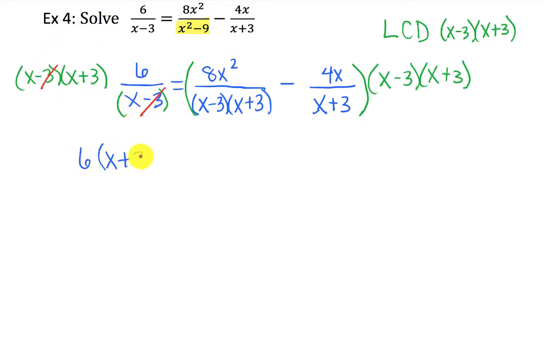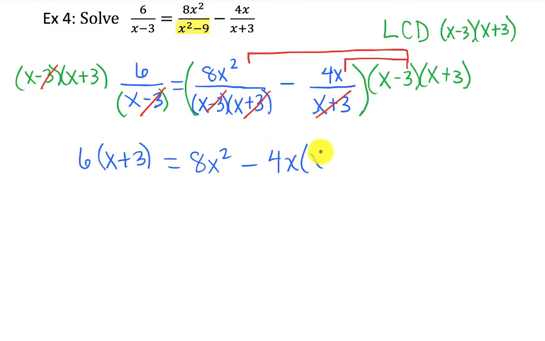On the right side of the equation, if we multiply first by 8x squared over x minus 3 times x plus 3, both of those quantities will cancel out, and you're just going to be left with 8x squared. And on the right side here, if I multiply by 4x over x plus 3, the x plus 3 over x plus 3 quantity will cancel, and you're just left with 4x times the quantity of x minus 3.